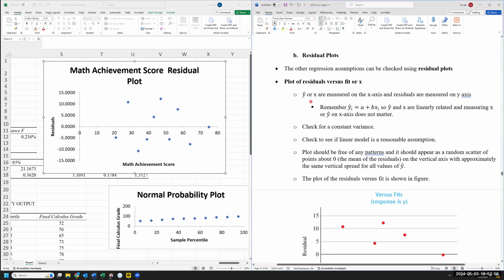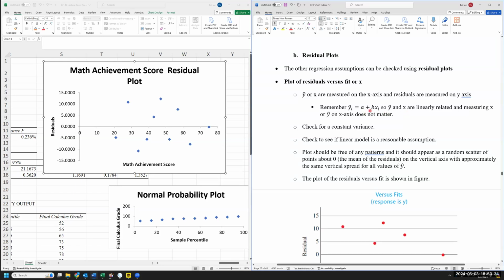So let's do this. Fitted y or x are measured on the x-axis, and the residuals, the actual errors that are calculated, are measured on the y-axis. Remember, y hat, which is the fitted y, is equal to the estimated alpha plus the estimated beta times x_i. So y hat is just a linear transformation, a fancy way of saying linearly related to x.